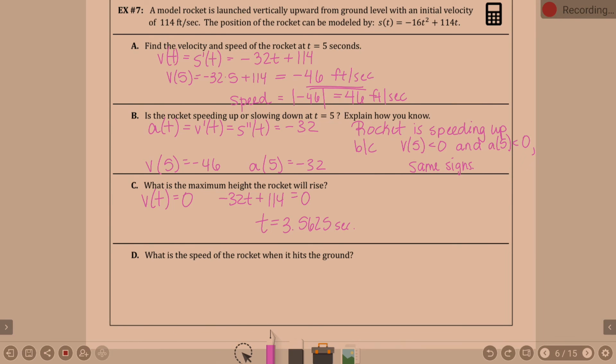No. It said what is the maximum height. So now this is when the maximum height occurs. So what do we do? Plug 3.5625 into your position function. And I have 203.0625 feet. That's plugging into the original equation, yes? Go back and try it later if you want.